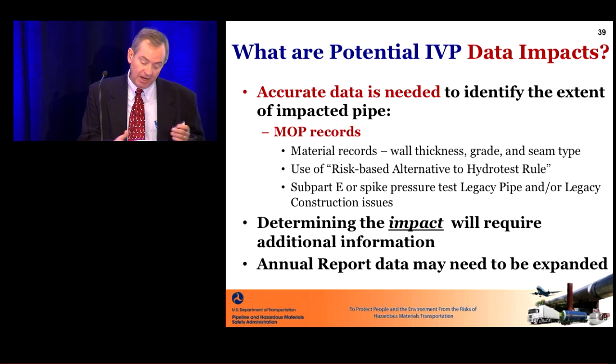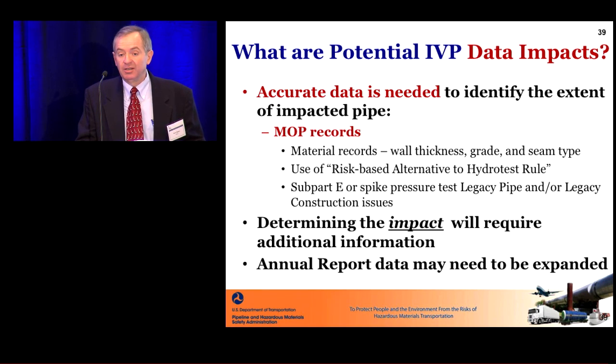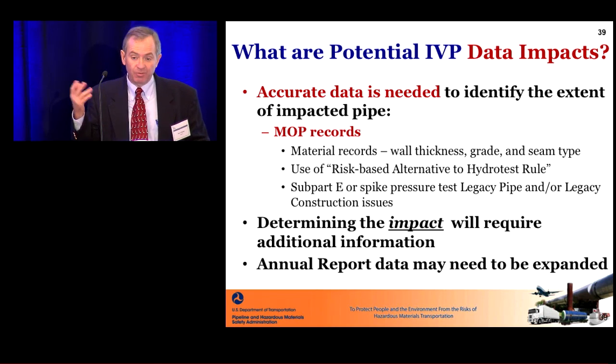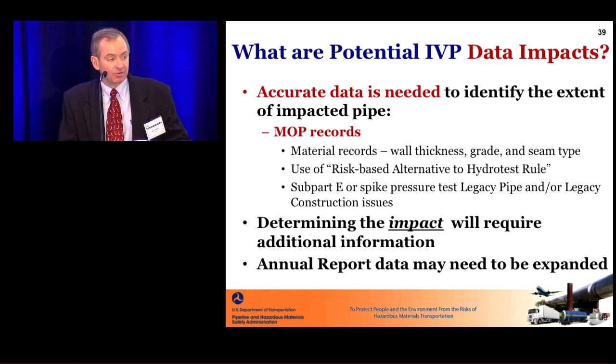And again, how will we get that? Well, we'll probably need annual report data. We'll probably have to expand it for a year or maybe longer to get the data. It's one way. Another way, like I said, would be for industry to come to us with that information.